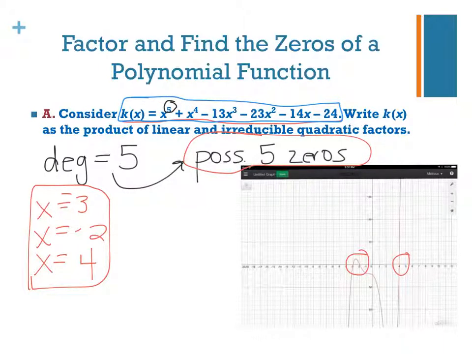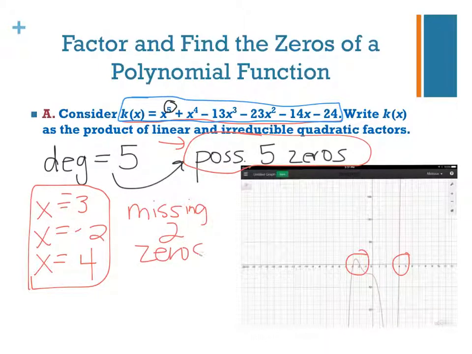So what I want to do is write out this function in factored form with its linear factors and its irreducible quadratic factors. Because there was a possibility of having 5 zeros, I am missing two of my zeros.